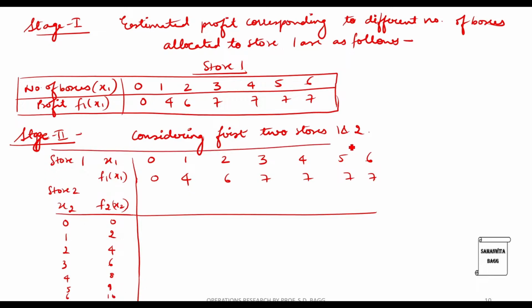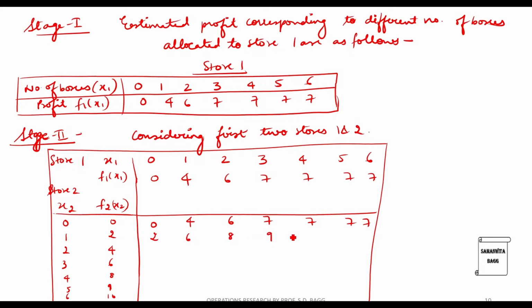Now I'm going to add the values. So this is 0 plus 0, 0 and 0 added to all the profit values. So this is 0, 4, 6, 7, 7, 7, 7. For the next one, this value is 1. So I can add maximum up to 5. So this will be 2 added to each value. Then I'll add 4 to the values up to 4 itself.